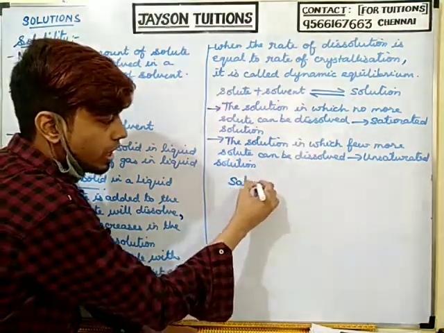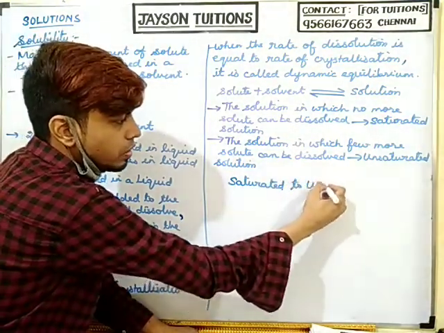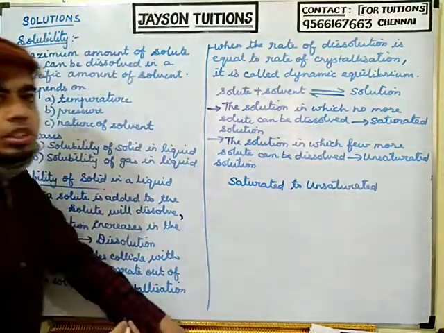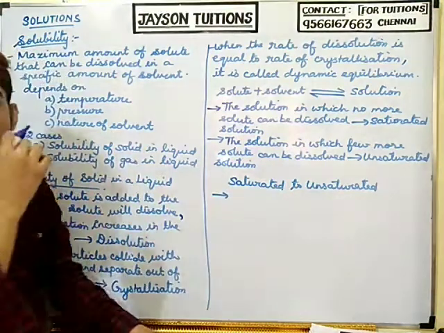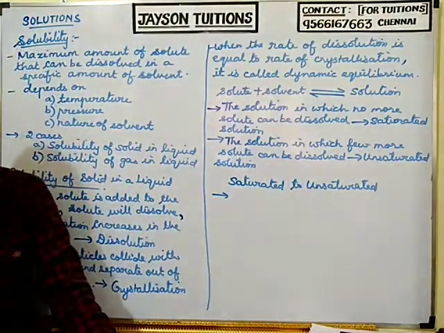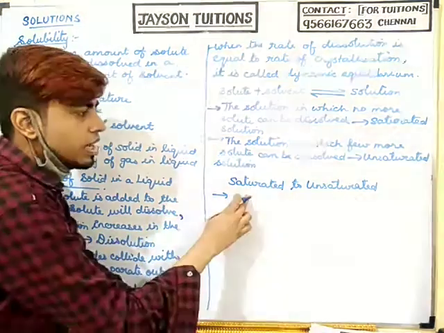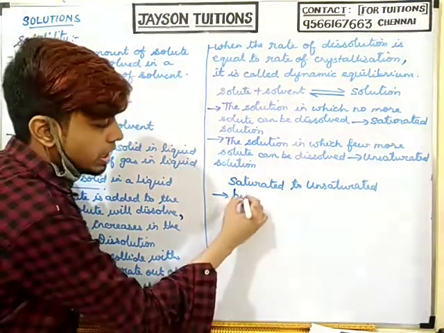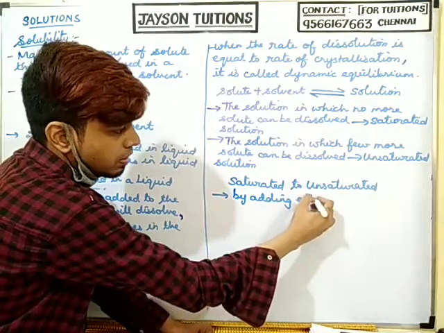How will you convert a saturated solution to unsaturated solution? Suppose a salt is not dissolving in water, how will you make it dissolve? We can add extra water. So a saturated solution can be converted into unsaturated solution by adding extra solvent.